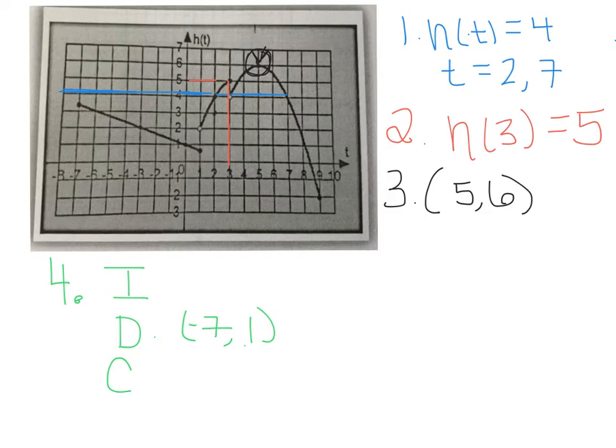And then from 1 to 3, I'm going to increase. And if you look at your graph, not only from 1 to 3 do you increase, but you actually continue to increase from 3 to 6.